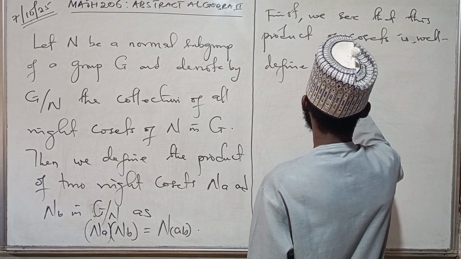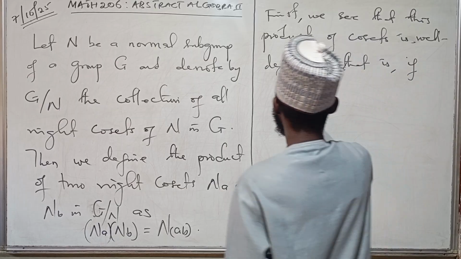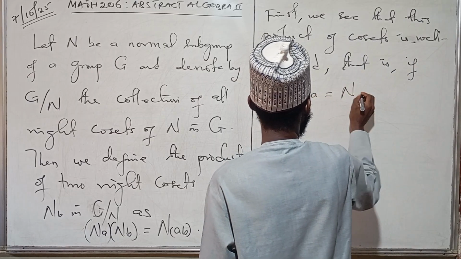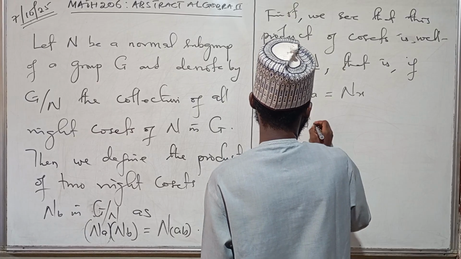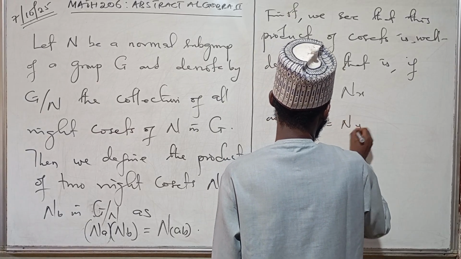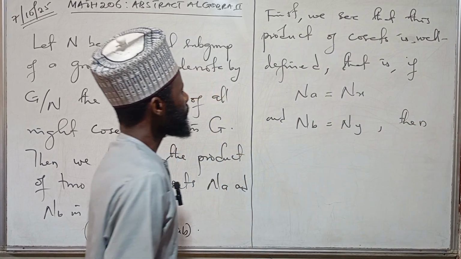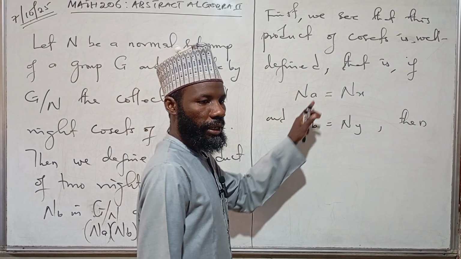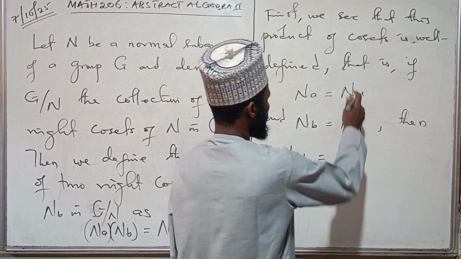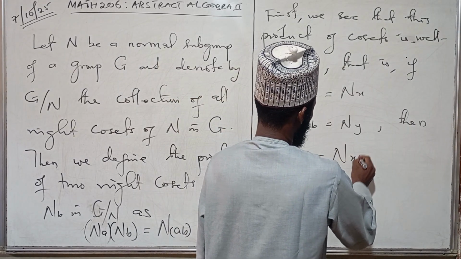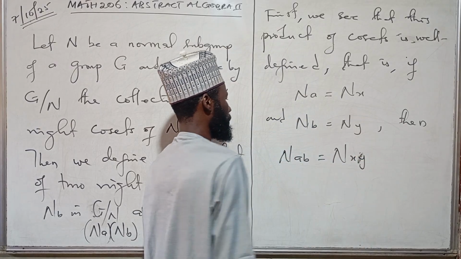That is, if Na is equal to Nx and Nb is equal to Ny, then the product of Na with Nb should be equal to the product of Nx with Ny. So we must have this.